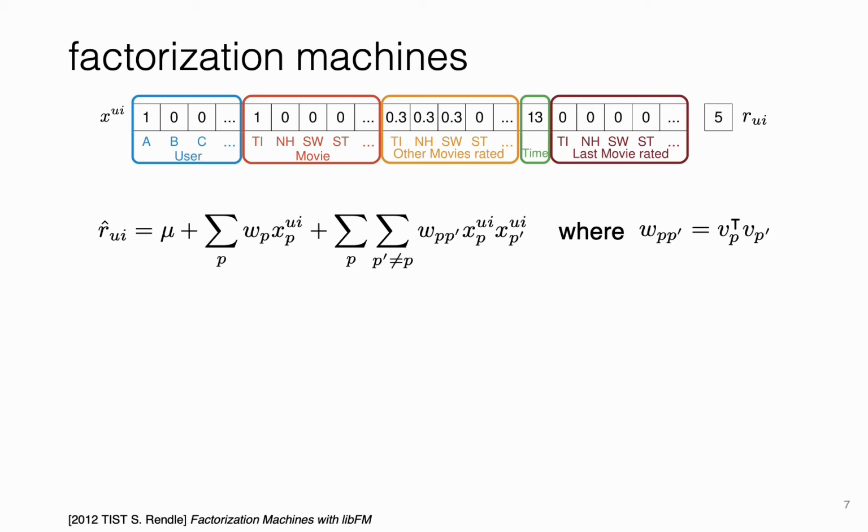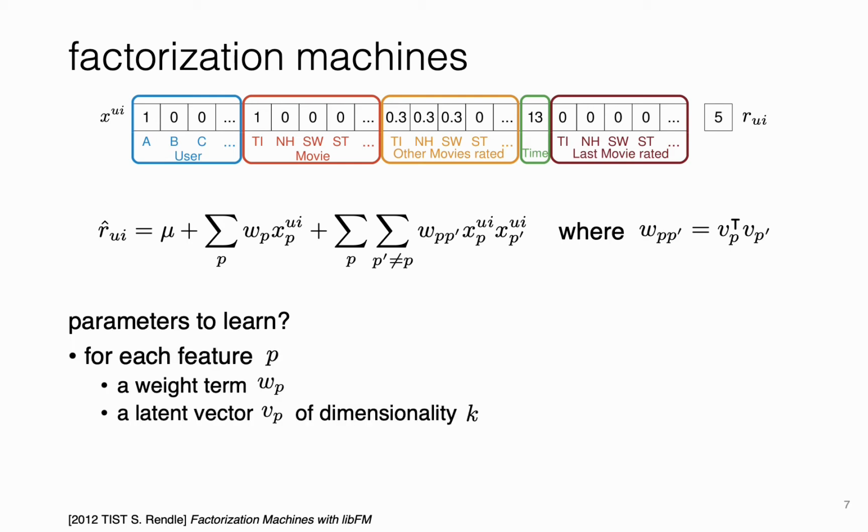Let's see the prediction formula in factorization machines. The difference with the higher order linear regression is that the weights W P P prime are not actual parameters to learn, but are rather computed by the inner product of two latent feature vectors, one for P and one for P prime. Okay, so how many parameters are there to learn?